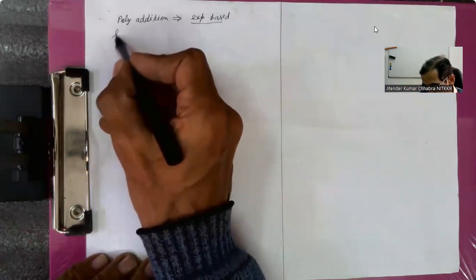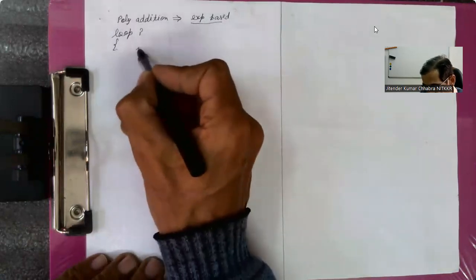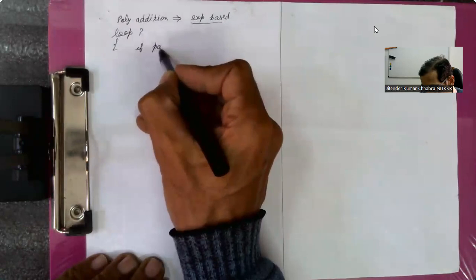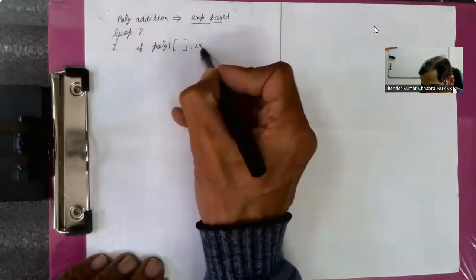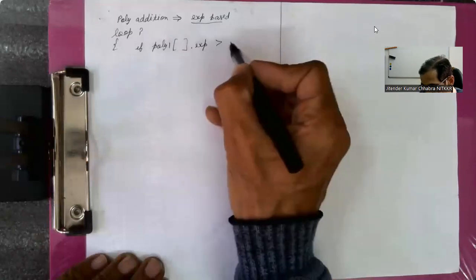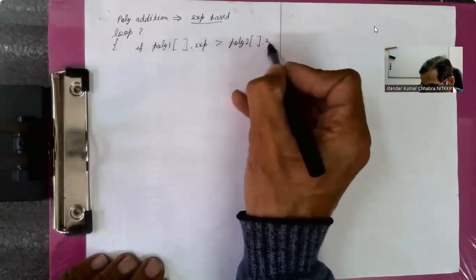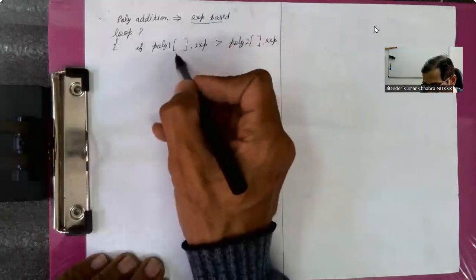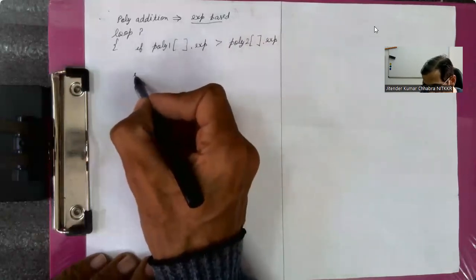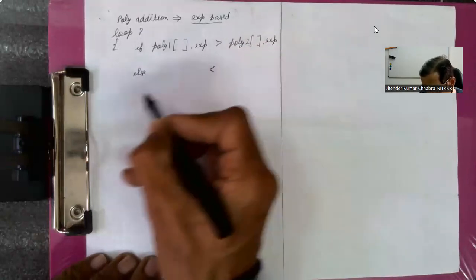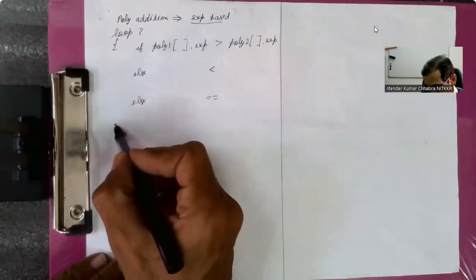If you remember, we decided to have a loop, and inside it some comparison: poly1 i dot exponent to be compared with poly2 j dot exponent, and we briefly discussed that we can take i, j, k variables, and similarly have the less than case and the equality case, and then accordingly we can write the code.